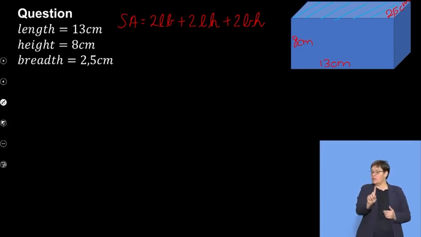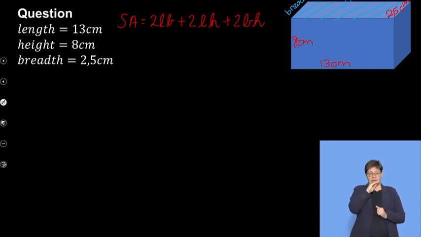Now what I do want to ask you is, which dimensions does that involve? It involves the breadth and the length. So that means I'm going to have one less breadth times length calculation involved.